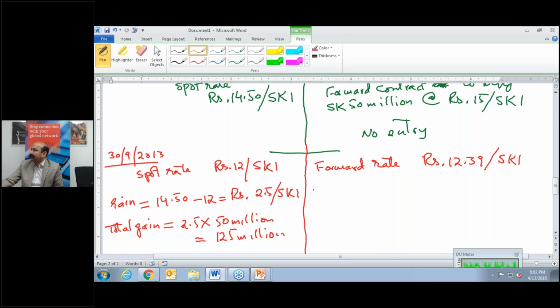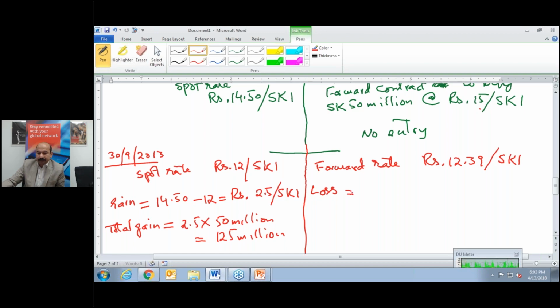Okay, now comes to the forward market. Of course, there is a loss because you entered into a forward contract at the rate of 15. This means you will be able to buy this 50 million at the rate of 15. So what is the loss?